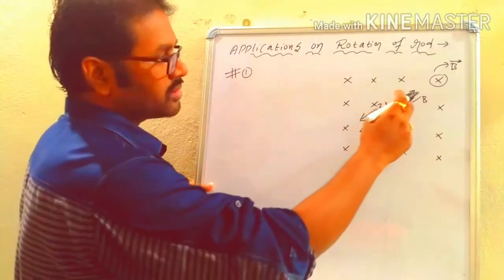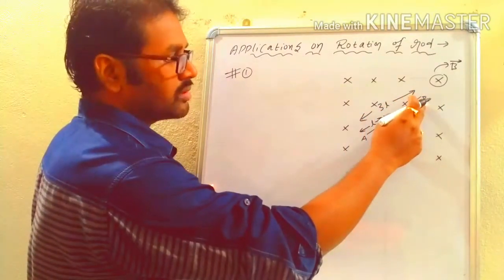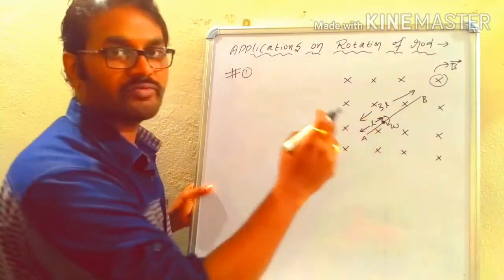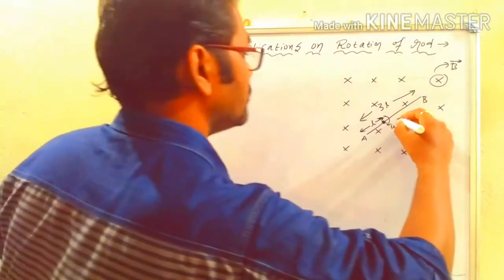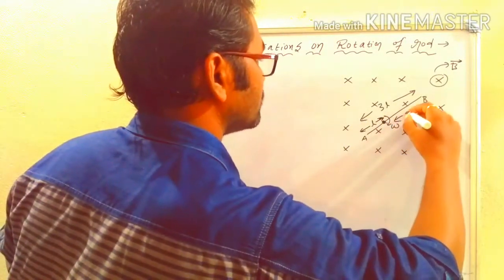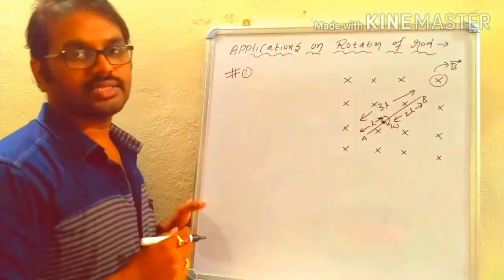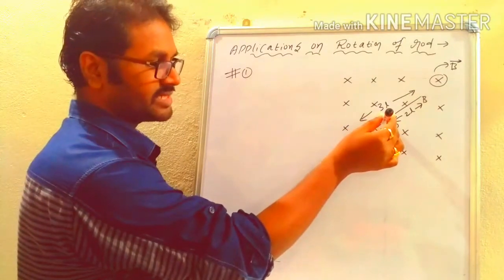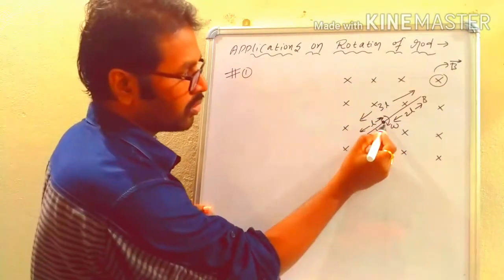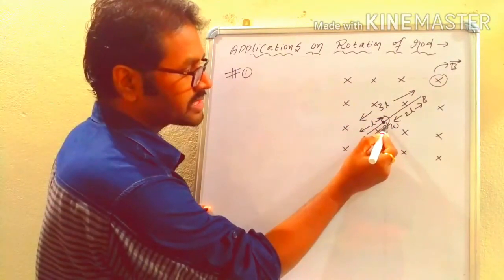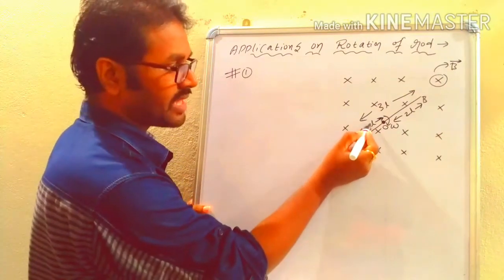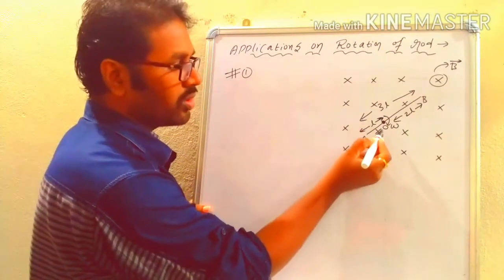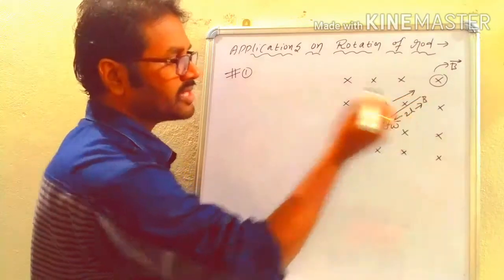And point B is at a distance from the axis of rotation equal to 2L, because the total length is 3L, and with the axis of rotation at point O, the distance from O to A is L. Therefore, the distance from O to B comes as 2L.